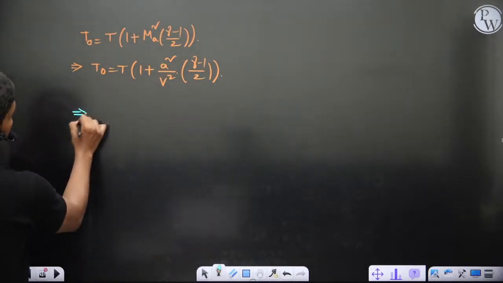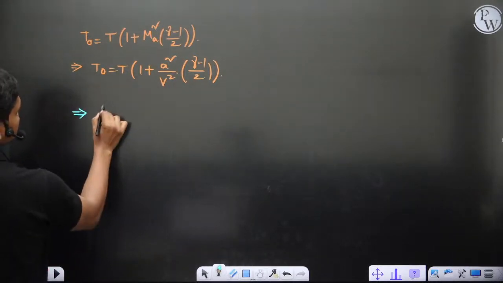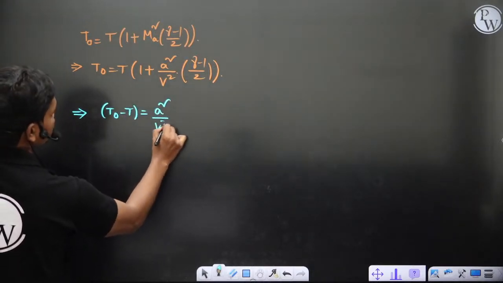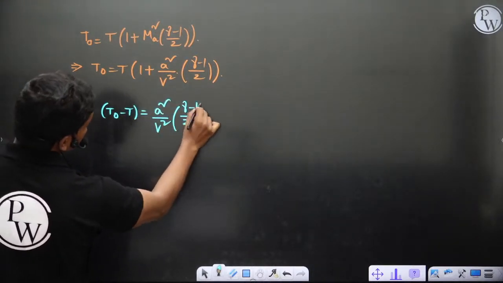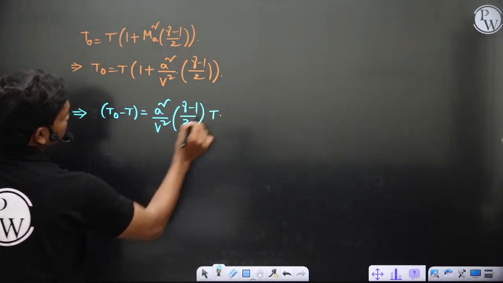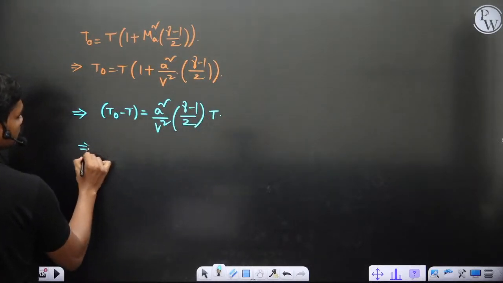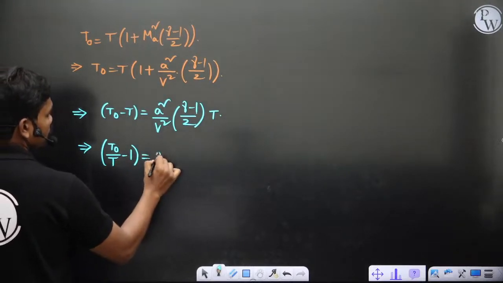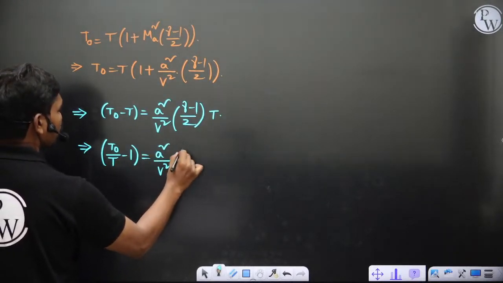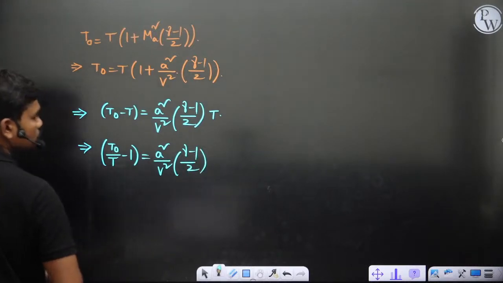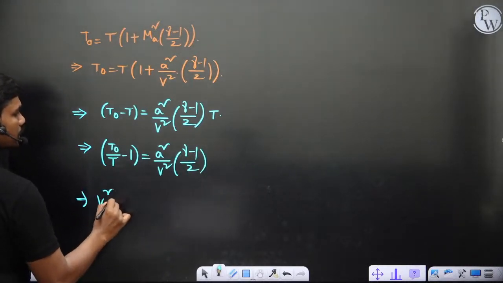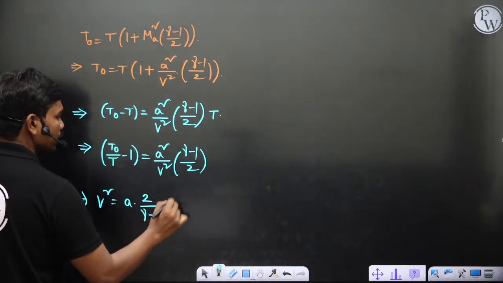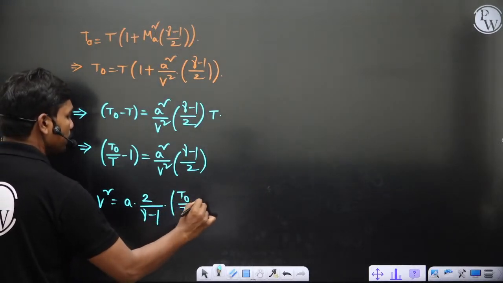So T naught minus T is equal to V square by a square times gamma minus 1 by 2 into temperature T. If you divide by T here, we get T naught by T minus 1 is equal to V square by a square into gamma minus 1 by 2, of course. So V square is equal to a square times 2 by gamma minus 1 into T naught by T minus 1.